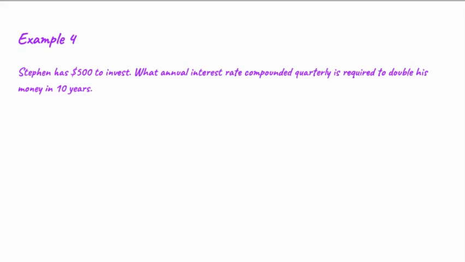Stephen has $500 to invest. What annual interest rate, compounded quarterly, is required to double his money? So doubling would mean we'd want 1,000, because we start with 500. Now we're solving for R. And compounded quarterly, you can always think 4 quarters in a dollar.